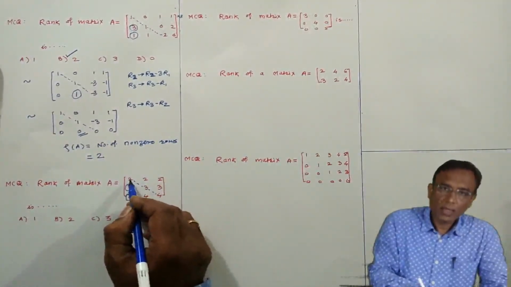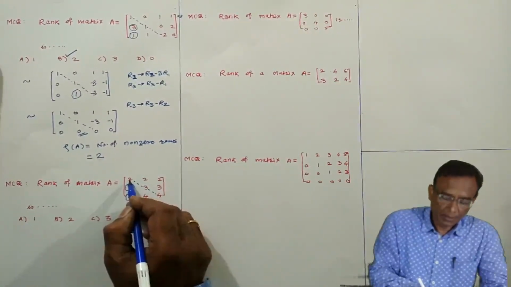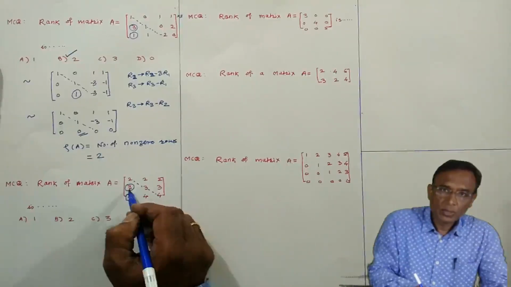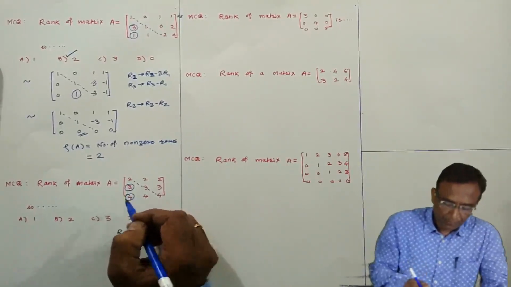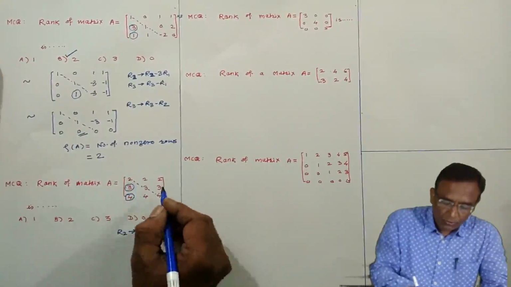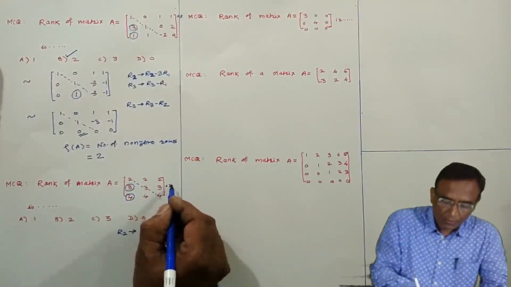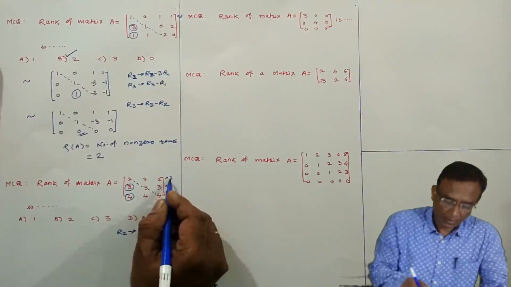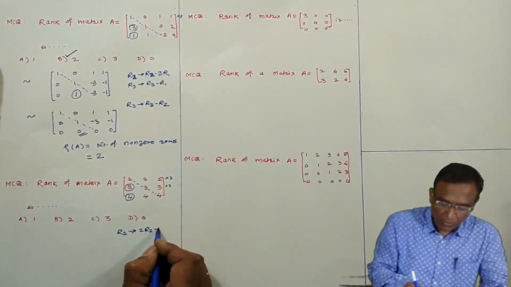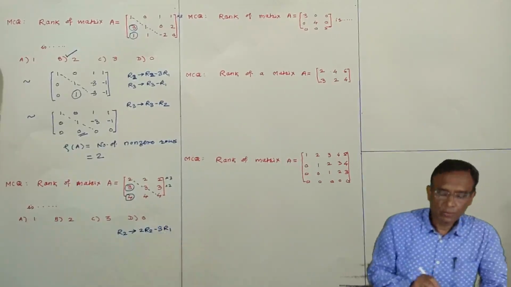The element which is on the diagonal is called the leading element, and that particular element I have to make use of when you bring 0 in the column. Now, I want 0 with the help of 2. So what I have to do is multiply the first row by 3 and subtract, meaning 2R2 minus 3R1. This transformation I have to apply.